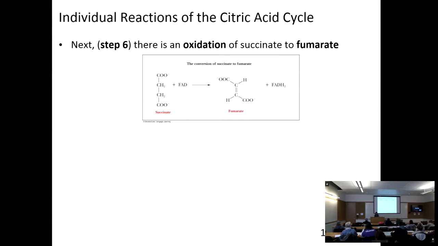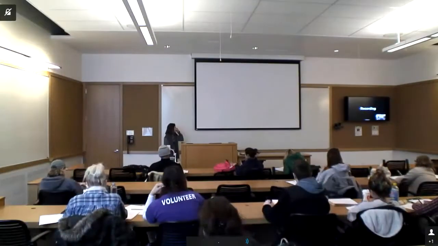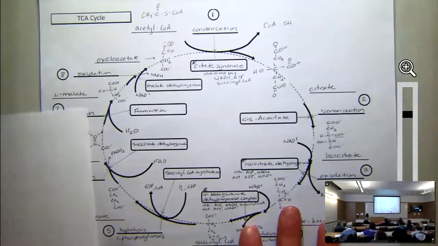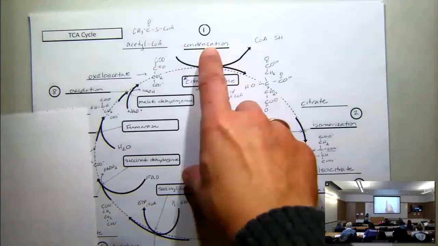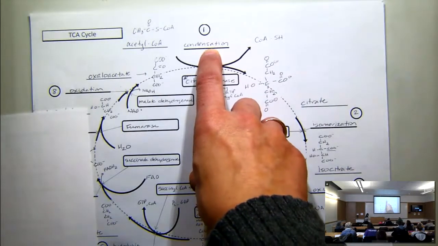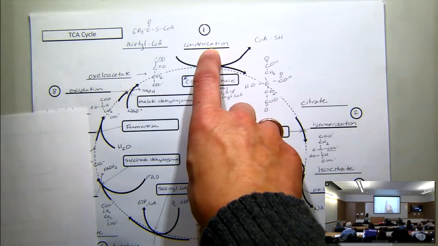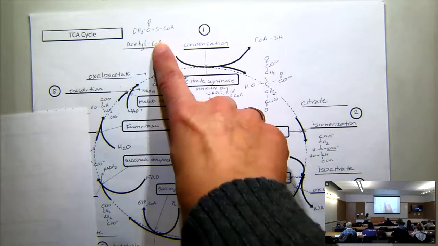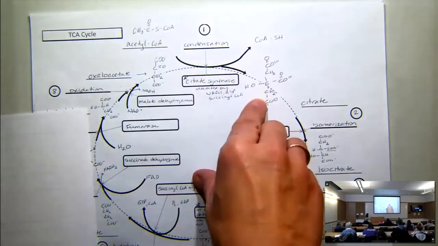All right, so let's go back to the document camera. So again, the way we're doing this is that we're writing the purpose of the step on the line, the name of the molecule on the thinner line, and we're trying our best to draw the molecules.